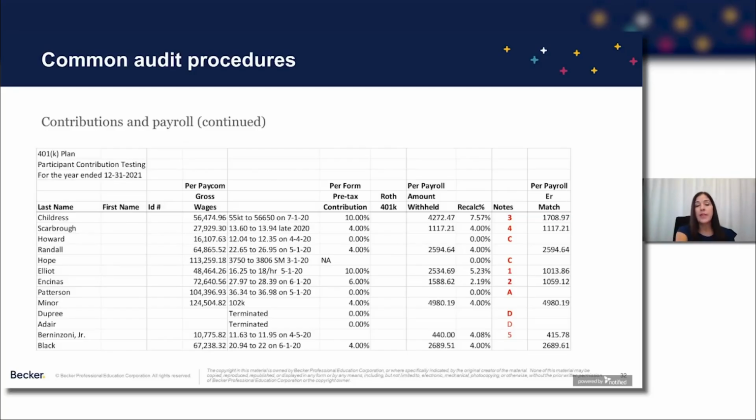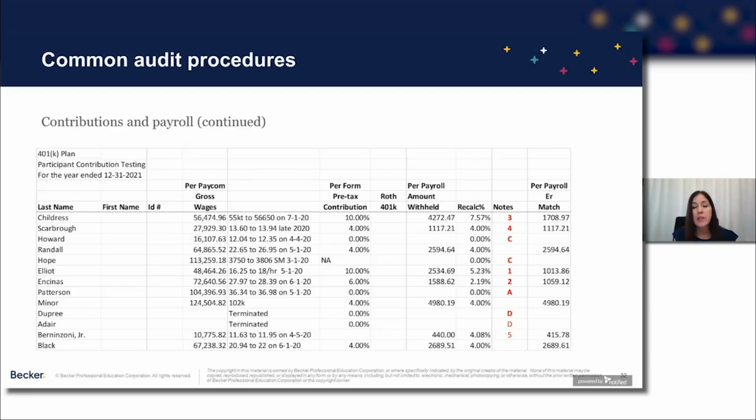Then I have their deferral amounts from the forms or what they initiated online. If that person wanted 10% withheld, I look at the actual amount withheld from the payroll. I recalculate that amount withheld from the payroll. You can see here for that first person, they elected 10%.